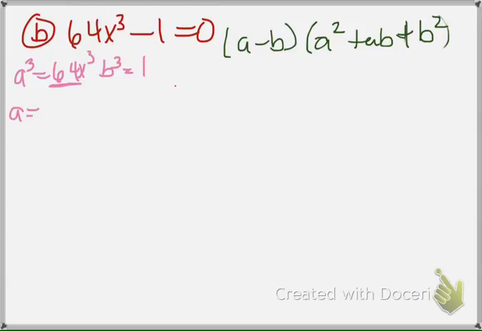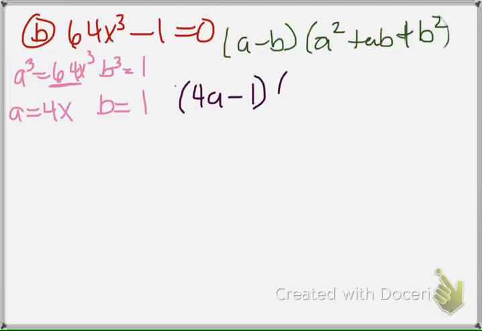So A is going to be 4, but because of the x cubed, it's a 4x. Who's my B going to be? 1. So then we just plug it into the formula. Parentheses, who's A? Who's my A going to be? 4x minus 1.